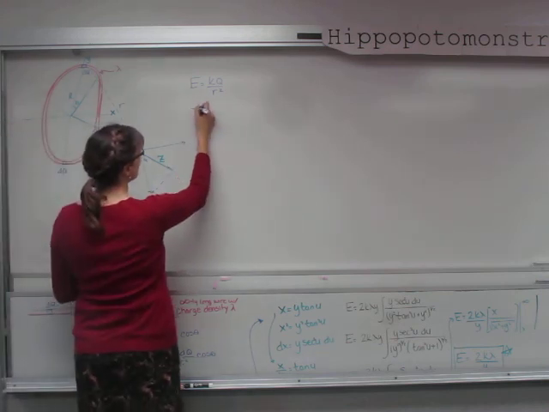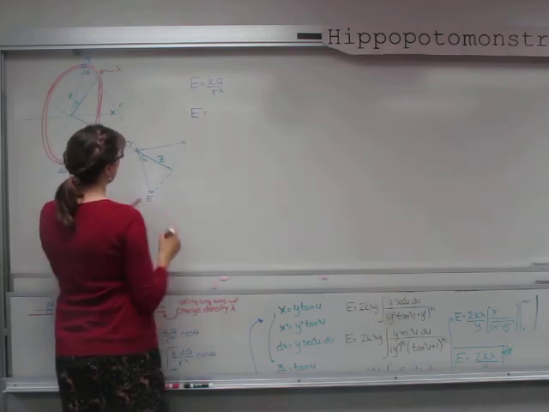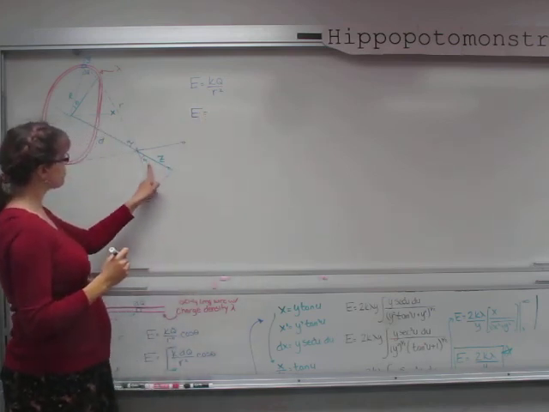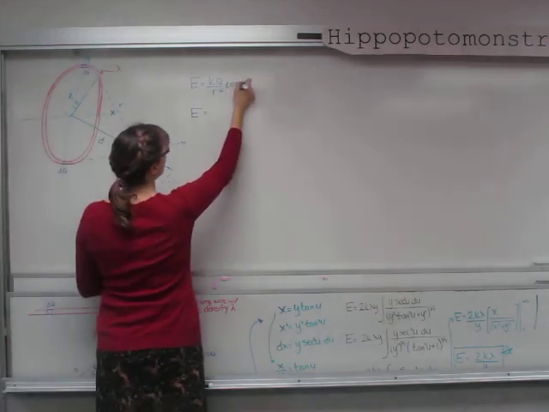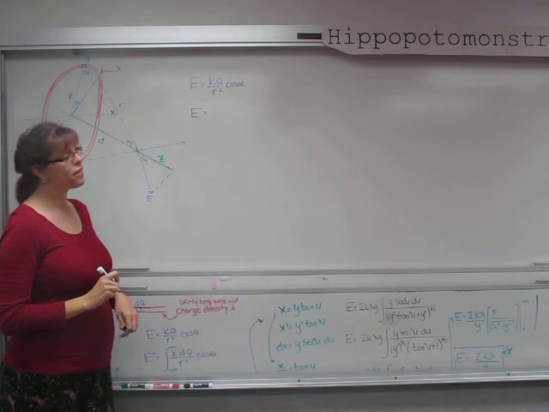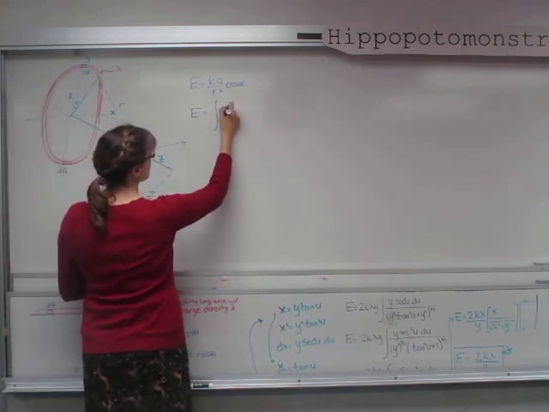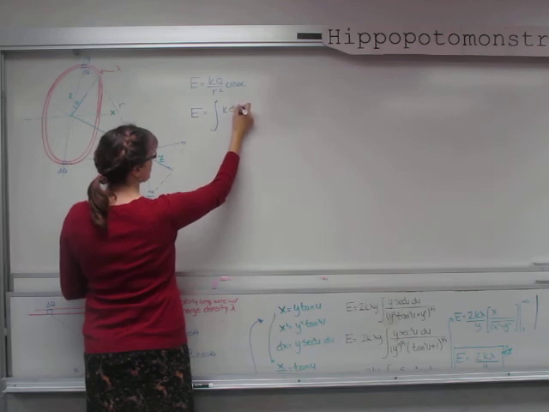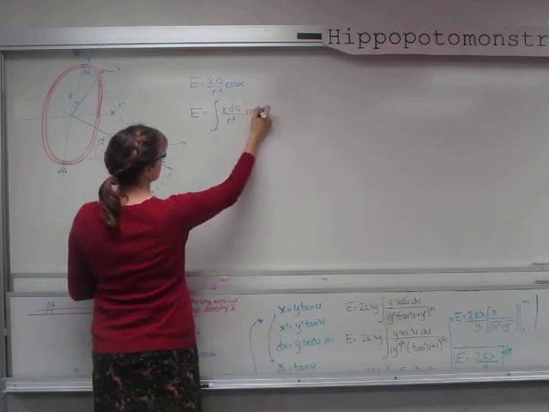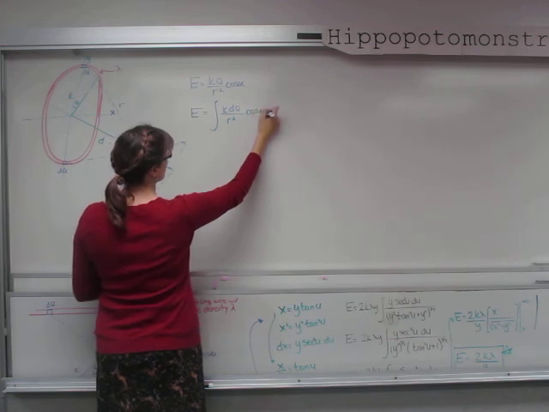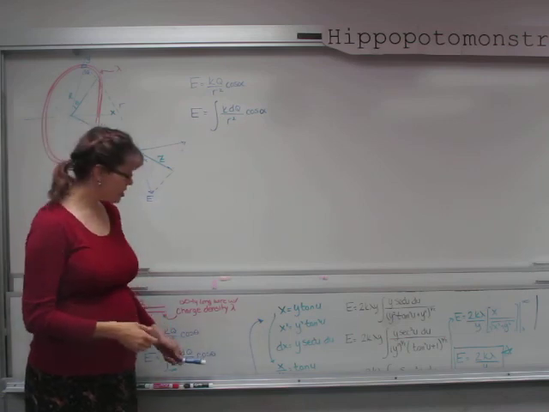So if we add the electric field, and we only want the z component, so we're going to say cosine alpha. Okay, so we're going to add our E fields, k dq over r squared cosine alpha. All right, so now let's do our substitutions again.